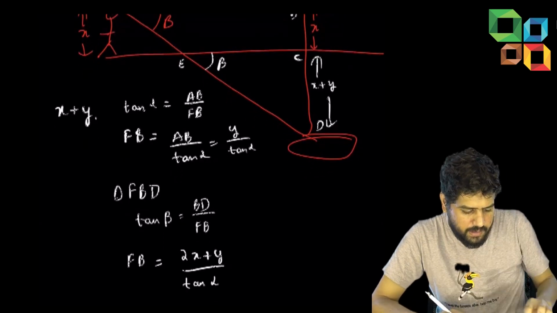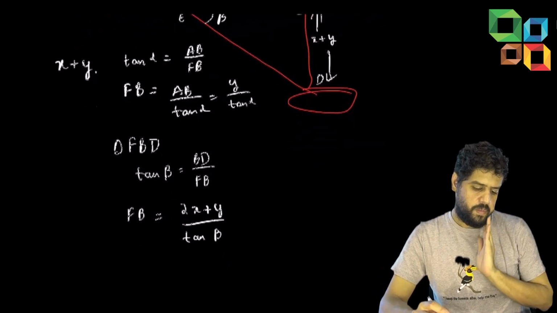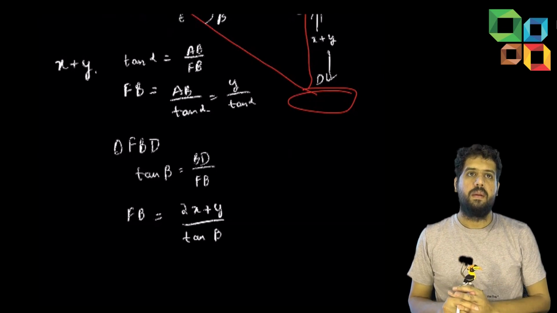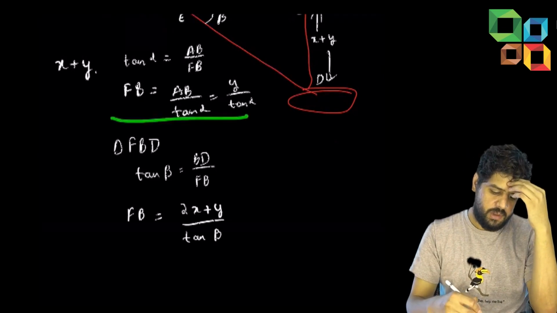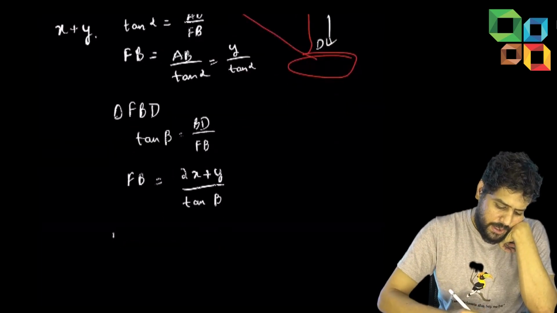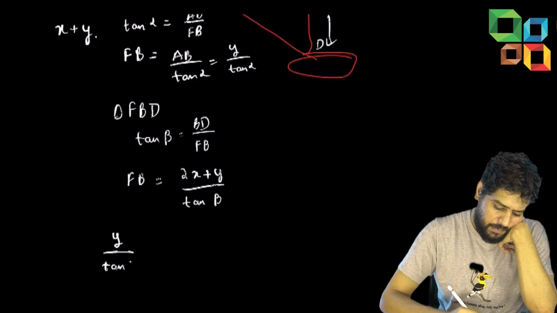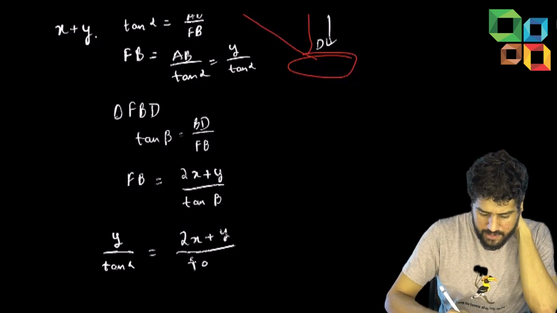Correct, Karthik? Now equate the two. We get y by tan alpha equal to 2x plus y by tan beta.